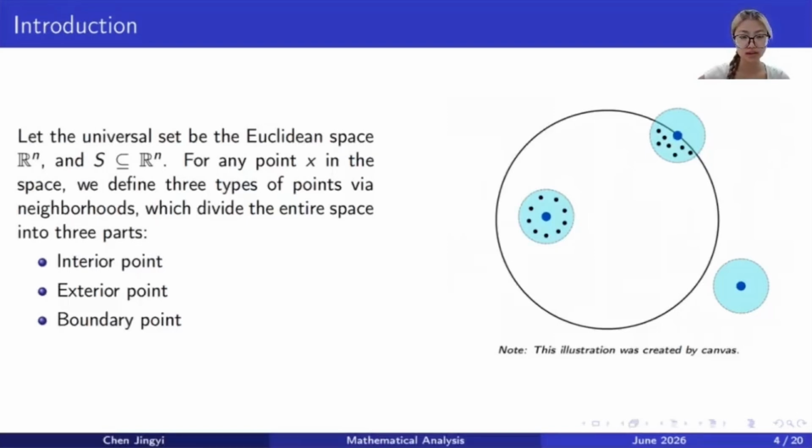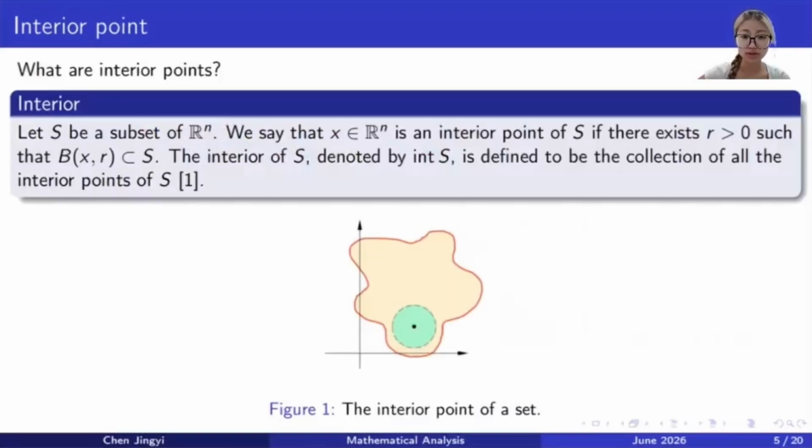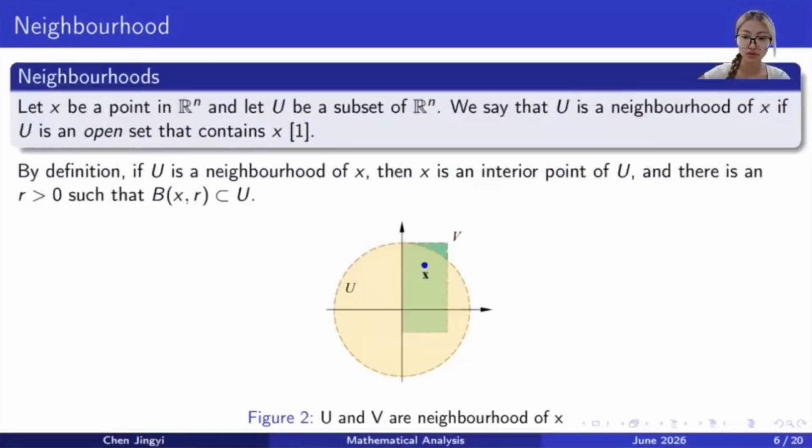Now let's look at what each term means. First, what is an interior point? Look at figure 1. We say a point X is an interior point of S if we can draw a small ball around it, and that ball stays completely inside the set S. If we collect all these interior points together, we call it the interior of S, or int S. To understand this better, we use the word neighborhood, as you can see in figure 2.